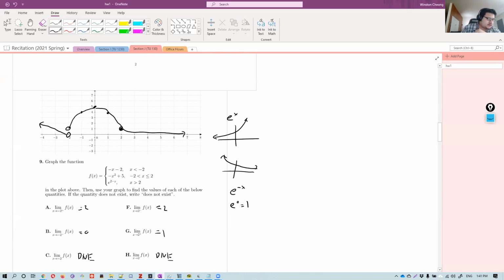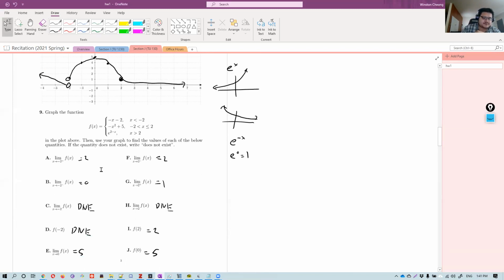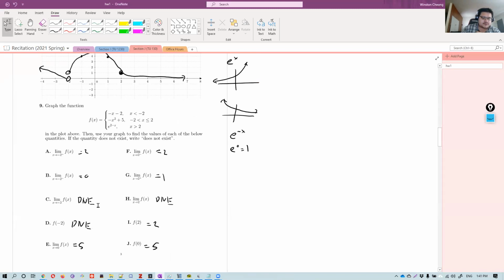Because we read these off of the graph, there are some changes that happen. Approaching 2 from the positive side is going to change, and we'll end up getting 1. From the negative side, we'll get 0. Does not exist is the same. Does not exist is the same. 5 is the same.